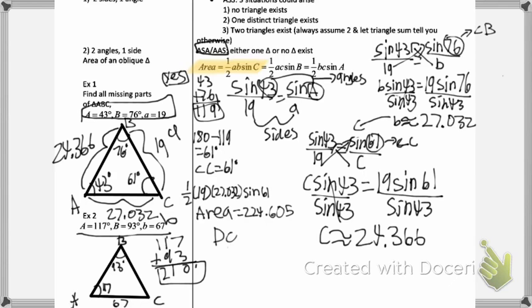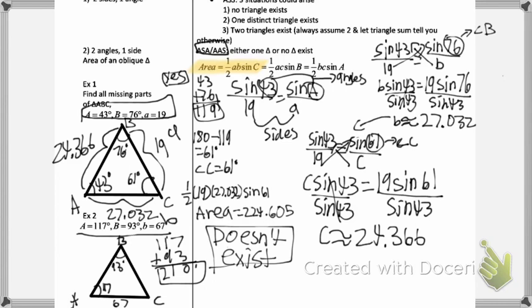So law of sines doesn't exist here. So always make sure to do triangle sum before you solve for a triangle, because in these types of cases I noticed kids would just solve for it and they would always get answers wrong because they don't do triangle sum first.